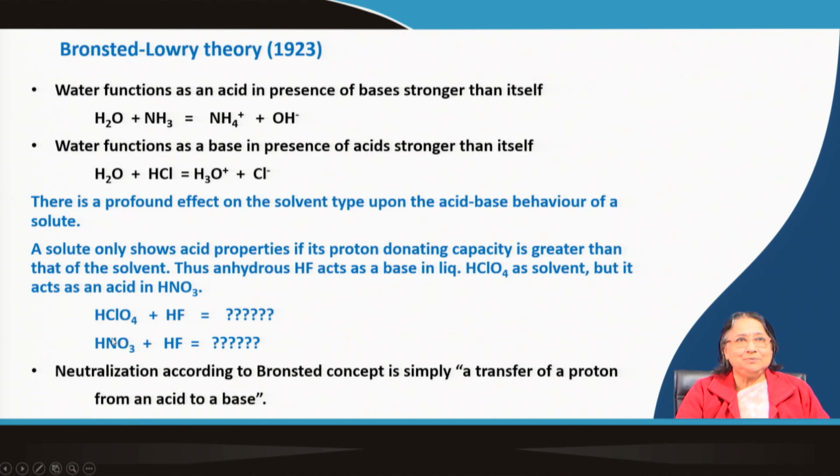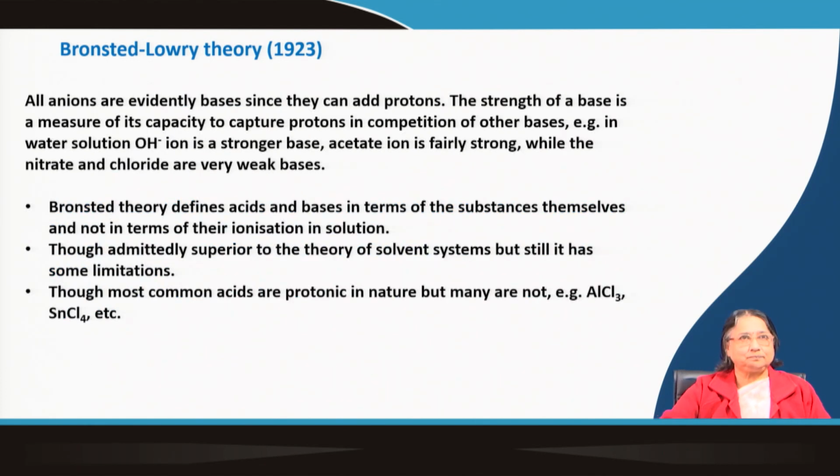But in the case where perchloric acid is not there but nitric acid is, it will be opposite. That means nitric acid will be a base and hydrofluoric acid will be an acid. Similarly, neutralization according to the Bronsted concept is simply a transfer of a proton from an acid to a base, which has been explained already.